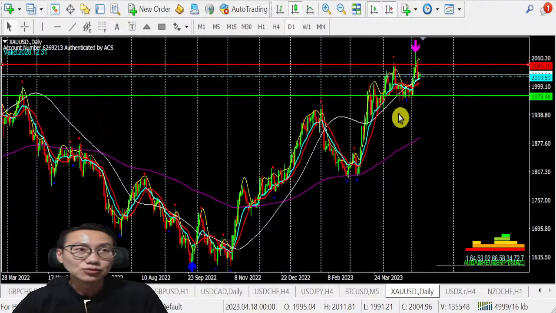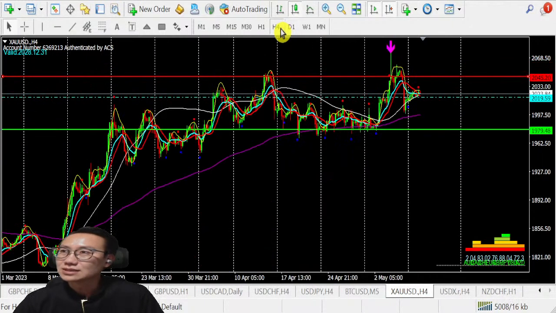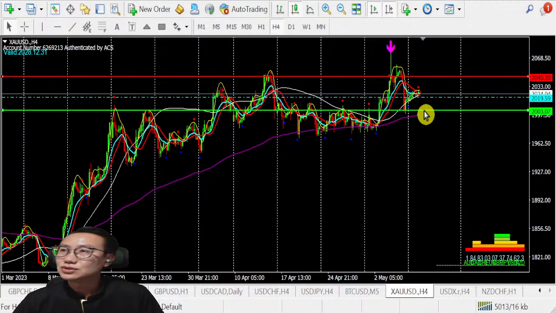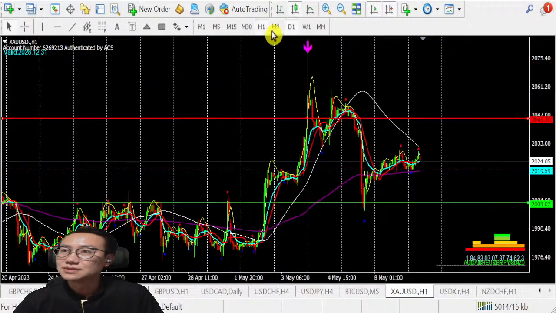But whenever there's a pullback, it also means you are going against the trend, am I right? Unless there's a very good space out there. Although I'm looking at 1991, we should also be looking out for an area like this. Let me see.